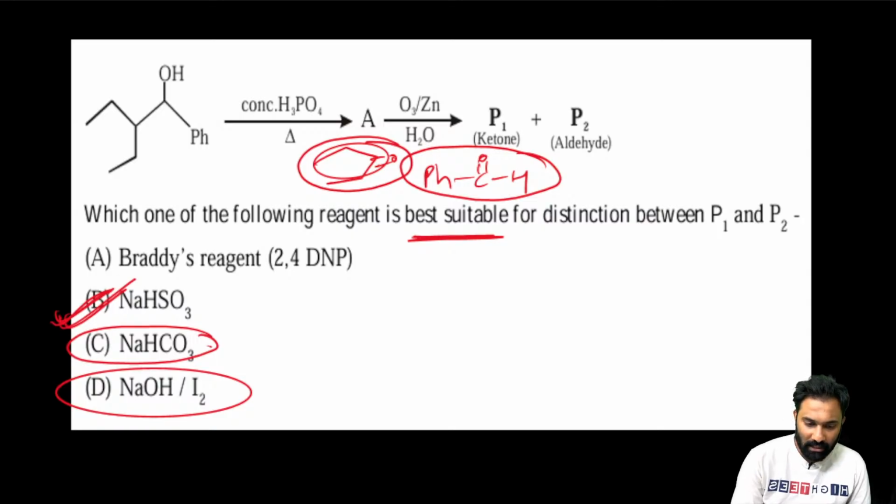Sodium bicarbonate will not react at all. So which reagent is best suitable to distinguish between P1 and P2, meaning aldehyde and ketone? So, the answer is B.